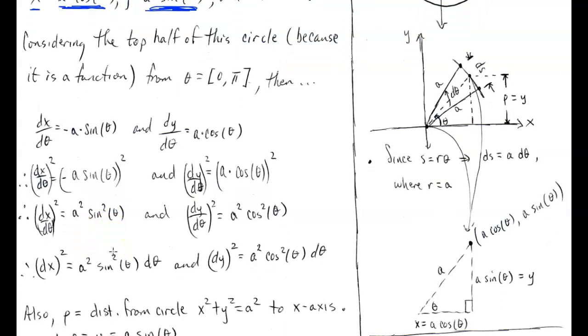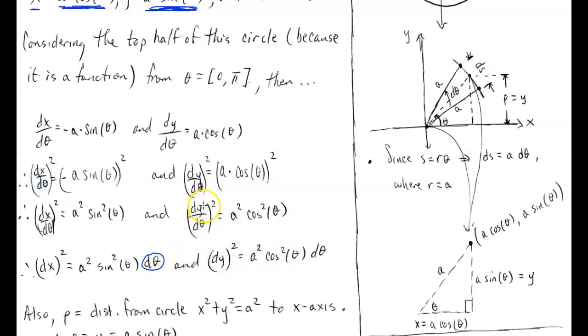Now, also note that if I was to rearrange everything here, if I took the derivative of this and then squared it, and if I wrote this in differential form, then this would be dx squared, and this would be a squared sine squared d theta, okay? And note here that this would not be a d theta squared, okay? That notation just doesn't flow like that. So this would still just be a d theta here.